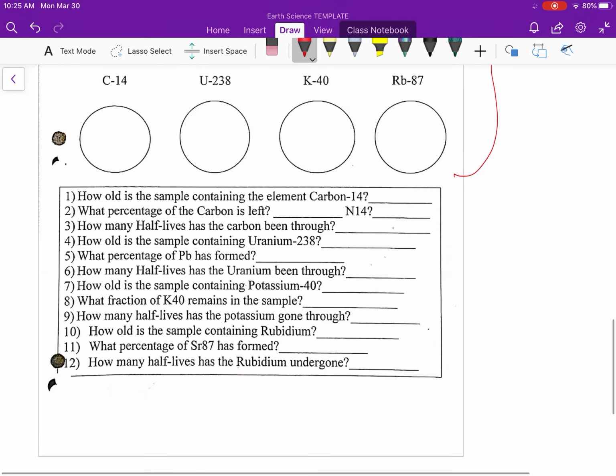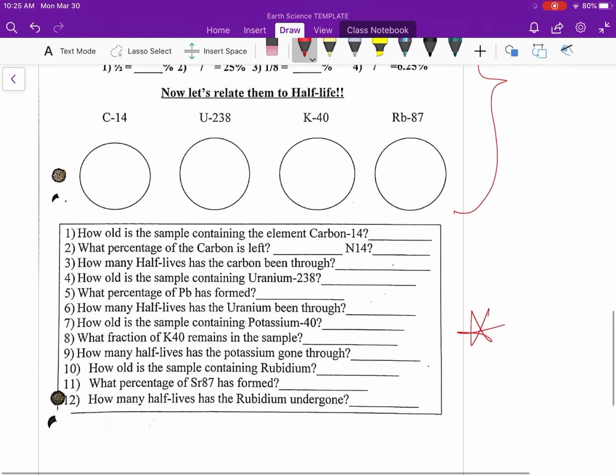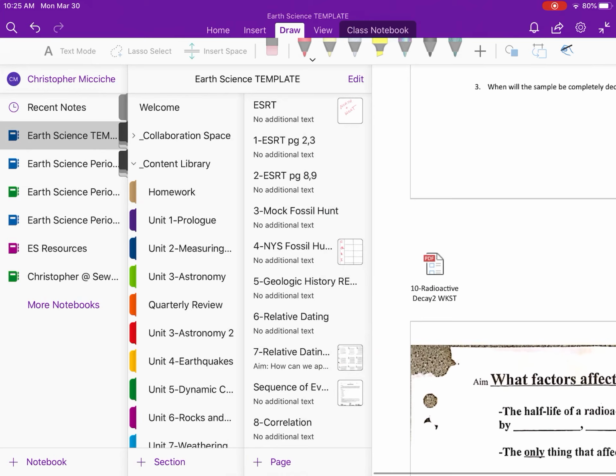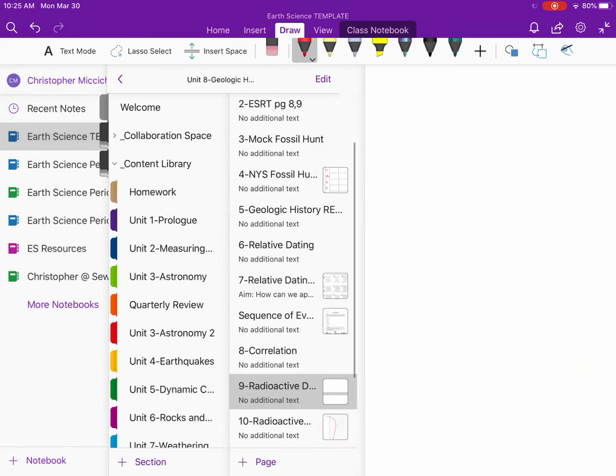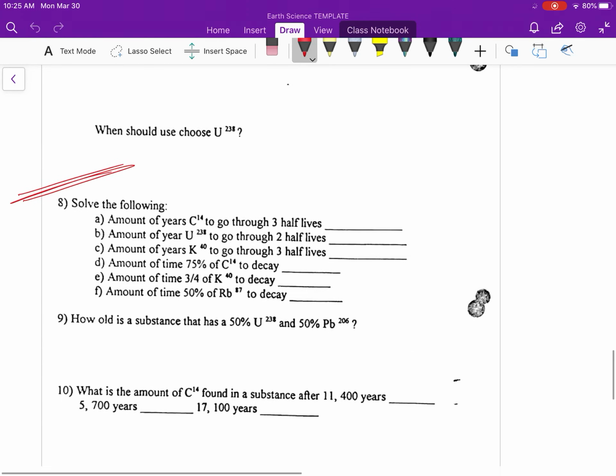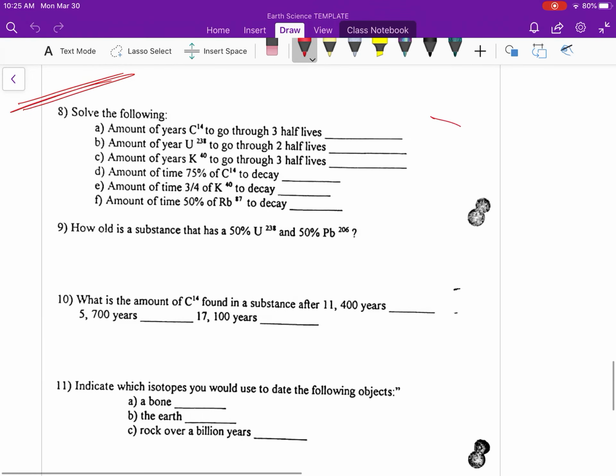All right, and then I'll let you guys handle this stuff. All right, so this is today's stuff, and then I would also like for you to complete those last couple questions on this worksheet from yesterday. So just these guys. All right, and after today's lesson, you should be able to do that. Okay, so here we go.